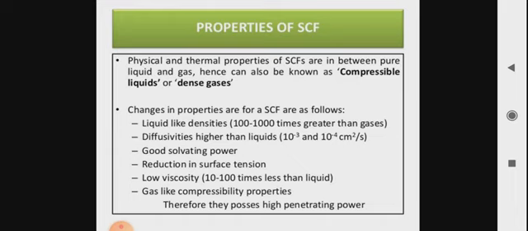These are more advantageous over any conventional solvent when we use it for extraction. Therefore, supercritical fluid has a very high penetrating power and is very effectively used for the isolation or separation of the active constituents from the plant material.